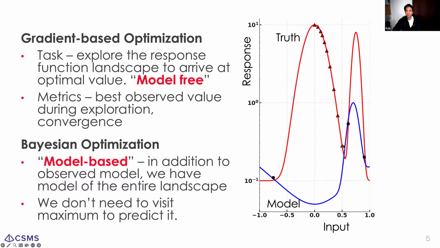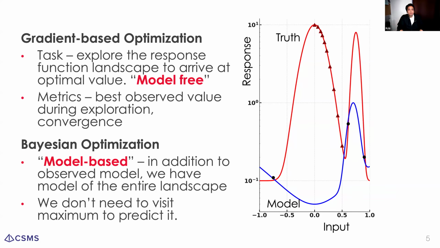You start off at one point, and then you use local information about your response function at that point to decide, this looks like it's sloping upward. I want to go up, so let's just follow that direction. So I'll go here, then here, then here, all the way up to the top of the hill. So it's a hill climbing algorithm.